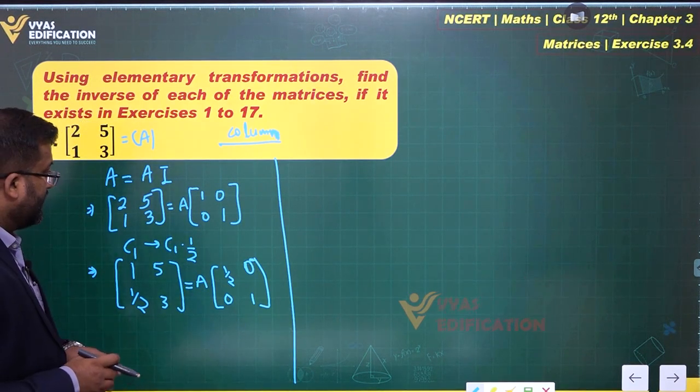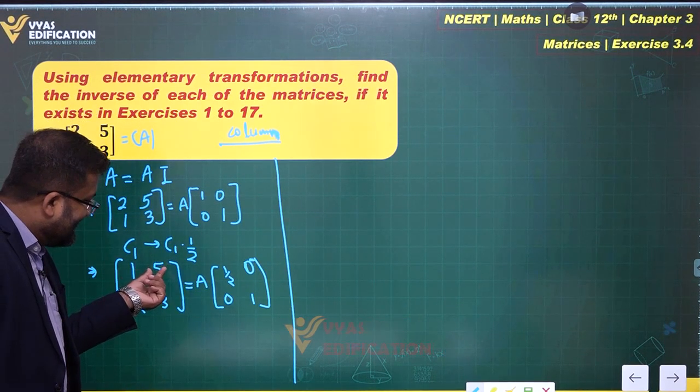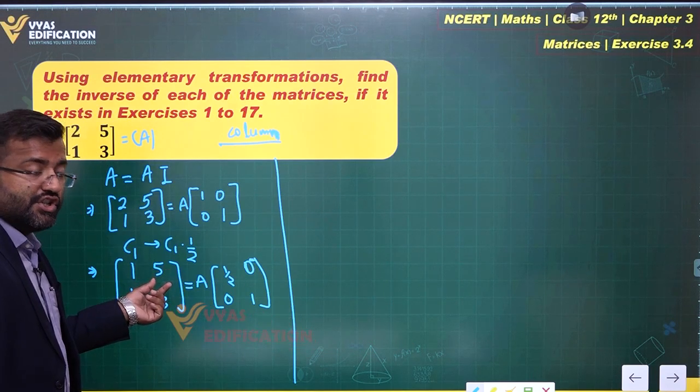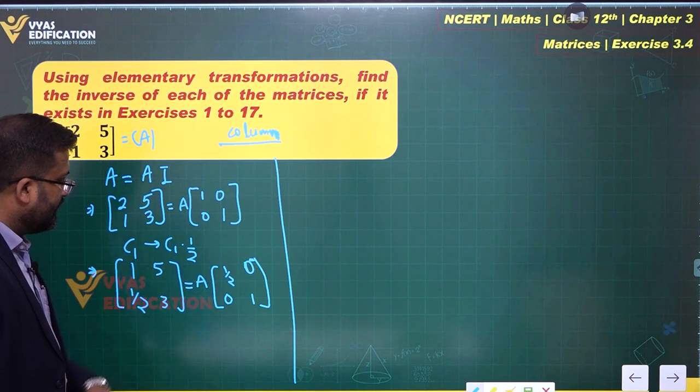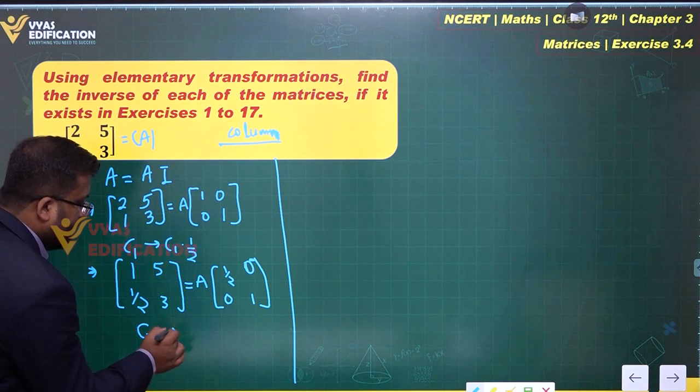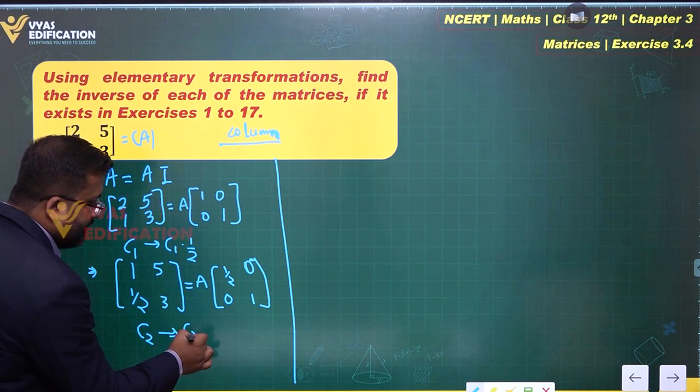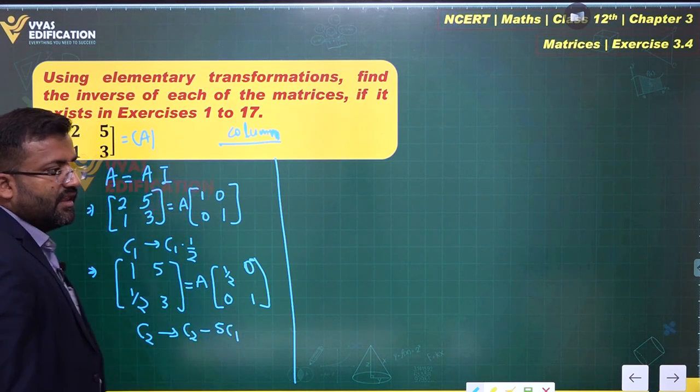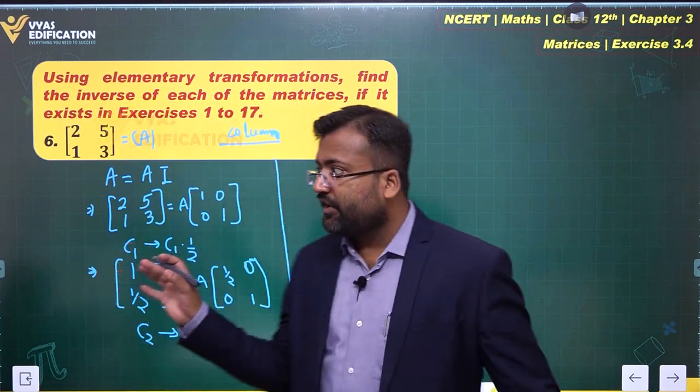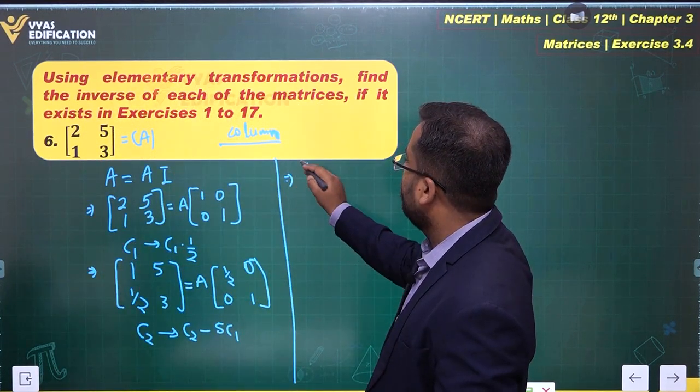What next? For applying column transformation, next is this element. This element should be equal to 0. So C2 is replaced by C2 minus 5 times C1. This will convert that particular element A12 into a 0.